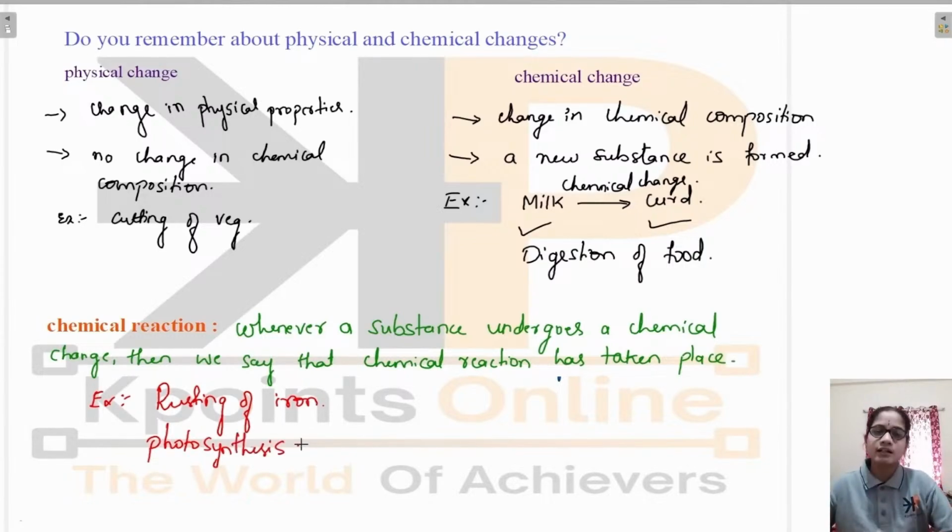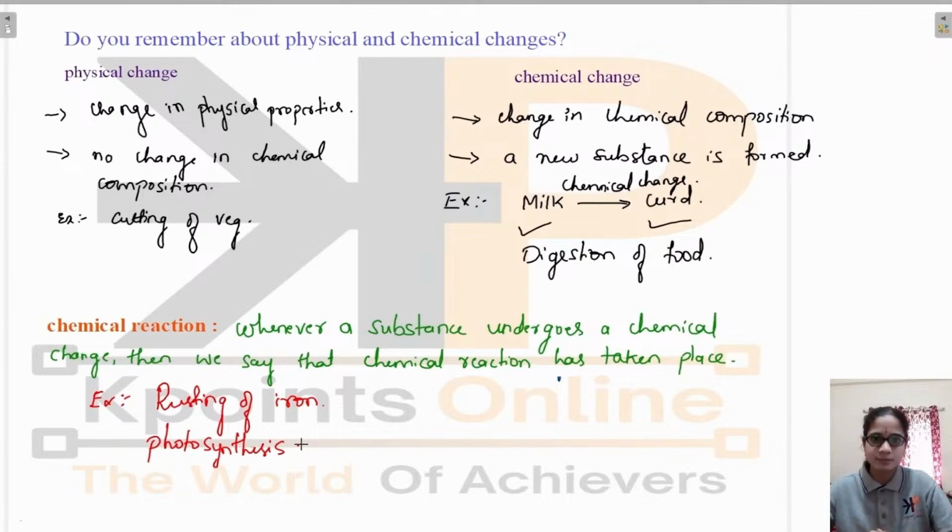In your examination, a question may be asked where you have to identify the chemical change. There may be four options for you to identify whether they are chemical changes or physical changes. What you need to remember is that in a chemical change, a new substance is formed. For example, if they ask you about burning of a candle, what happens there?